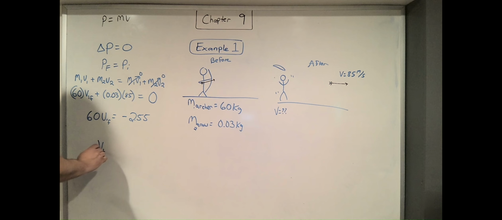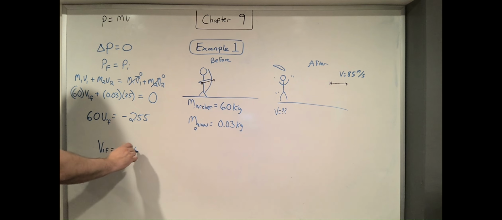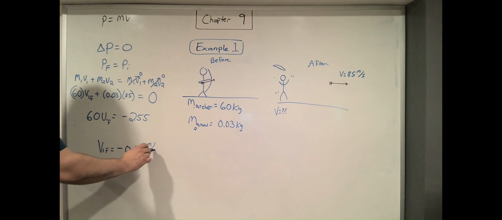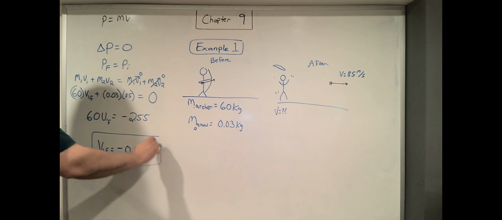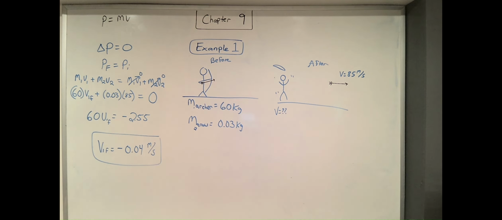And I'll have that V1 final is equal to negative 0.04. Okay, why is it negative? Well, it's because the archer is going backwards. He is being flung back, opposite of the direction of the arrow. Okay, so that should make sense. What's the velocity of the archer?